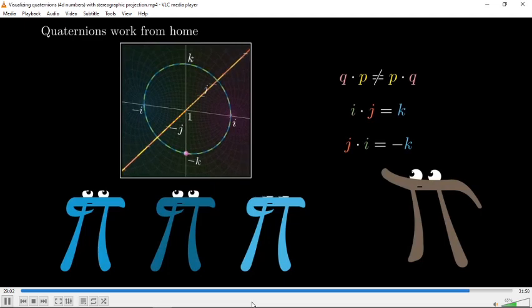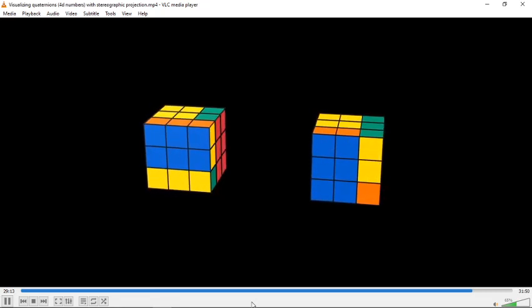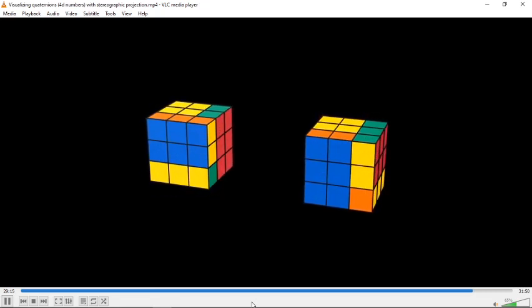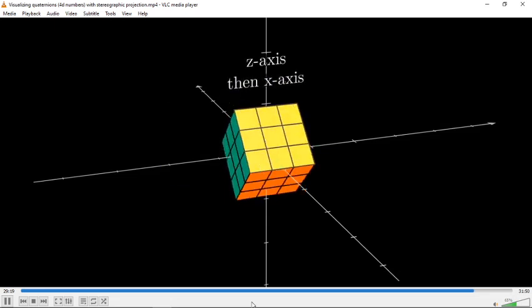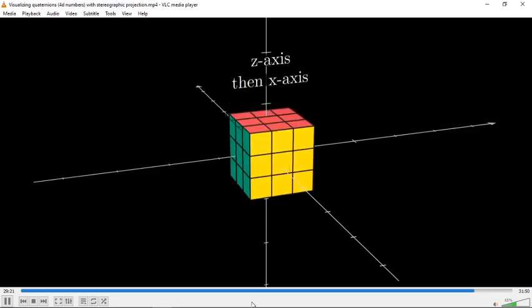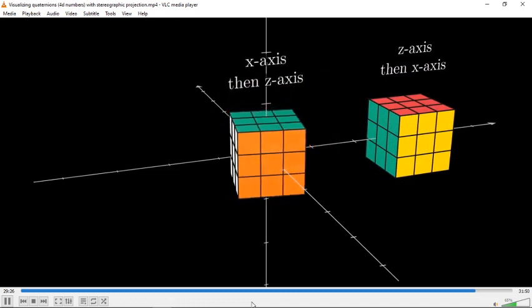In fact, commutativity, this ability to swap the order of multiplication, is a way more special property than a lot of people realize. And most groups of actions on some space don't have it. It's like how in solving a Rubik's Cube, order matters a lot. Or how rotating a cube about the z-axis and then about the x-axis gives a different final state from rotating it about the x-axis then about the z-axis.